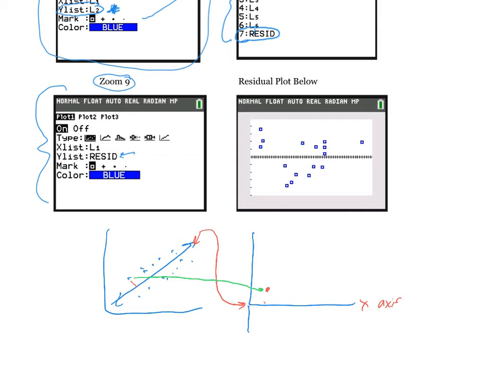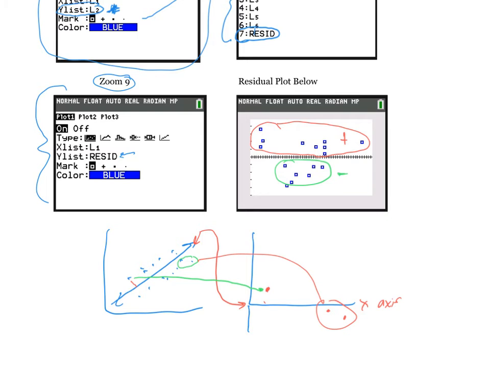And these points that are below the regression line would end up being below the x-axis. So on the residual plot, all of these points were above the regression line. They have positive residuals. And all of these points were below the regression line. Those have negative residuals. Okay.